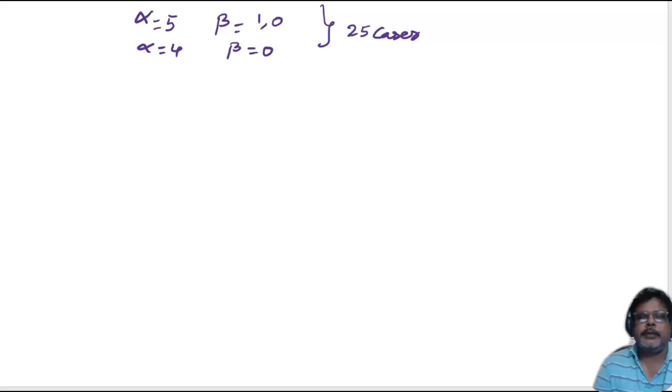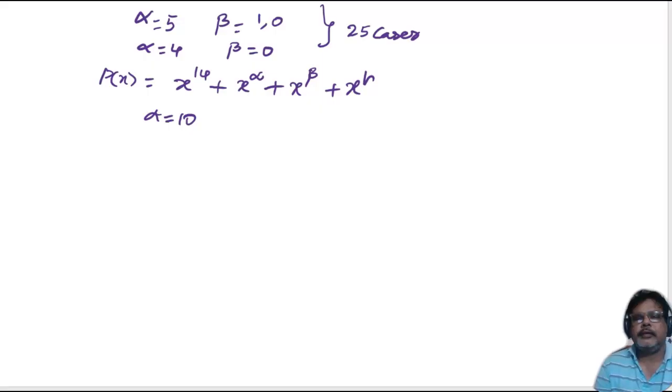So here, if P(x) is x power 14 plus x power alpha plus x power beta plus x power gamma. Alpha value 10, then beta value will be 6, and gamma value will be 2, 1, 0. Alpha value is 10, beta value is 5, so gamma value will be 1, 0.